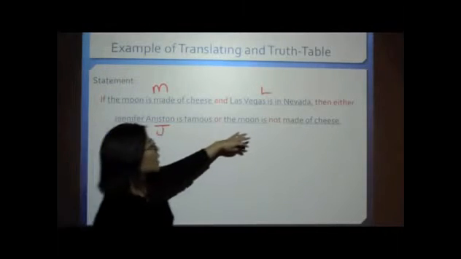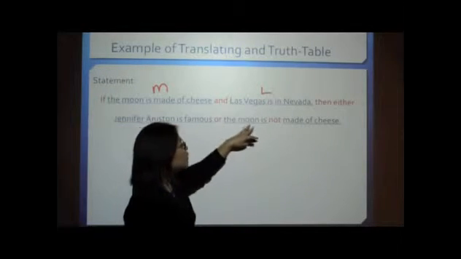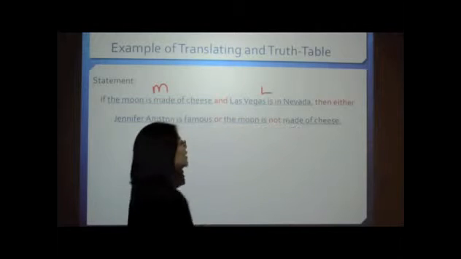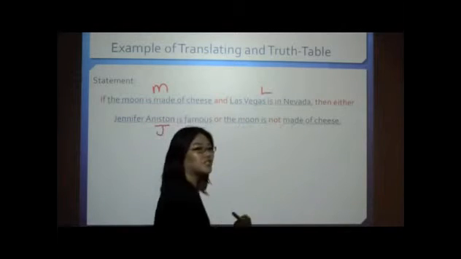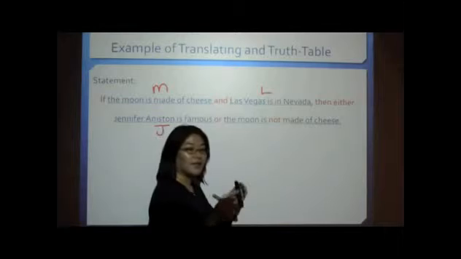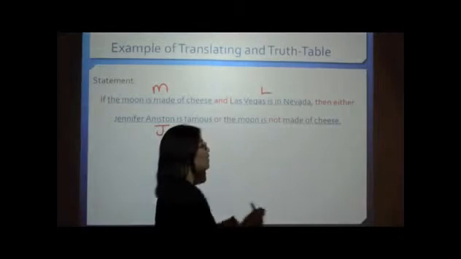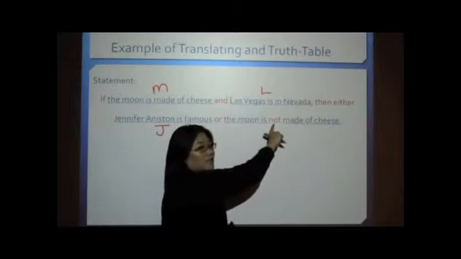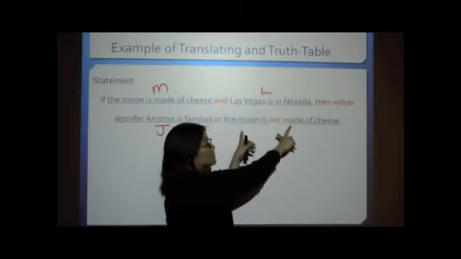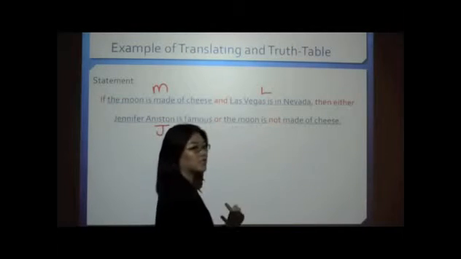And if you look here, we have the simple statement the moon is made of cheese, okay? So the moon is not made of cheese is actually a compound statement, and that compound statement is made up of the logical operator represented by the not and the simple statement the moon is made of cheese, okay?